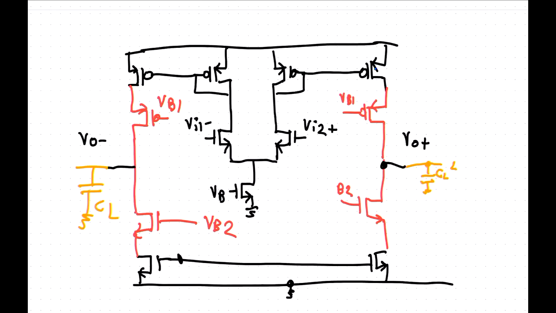Let's make this one here the bias current. If we have a 1-to-1 current mirror up here, then the bias current is half times the bias current there, and half times the bias current there. So what we've got to do is choose the voltage on that node so that we have half times the bias current.